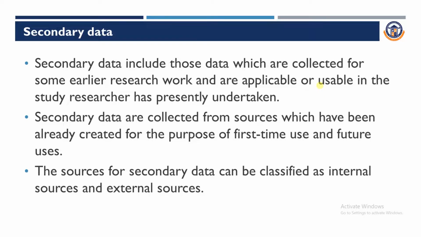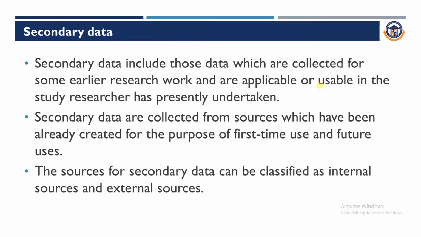The second one is secondary data, which we have already seen, and I've told you what secondary data is. It includes data which is already collected and stored in a particular place, where you can make use of those data for your reference purpose. It is not collected for the first time; it is already collected, stored, and used for several purposes.